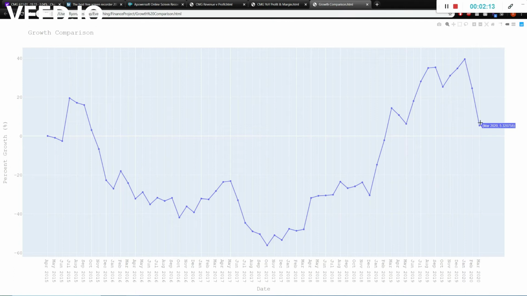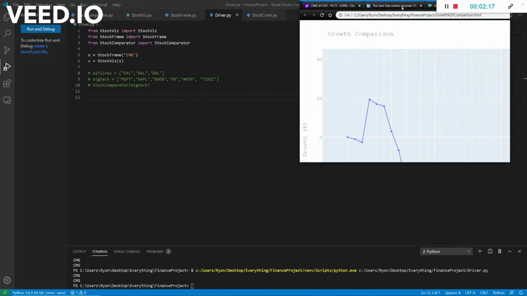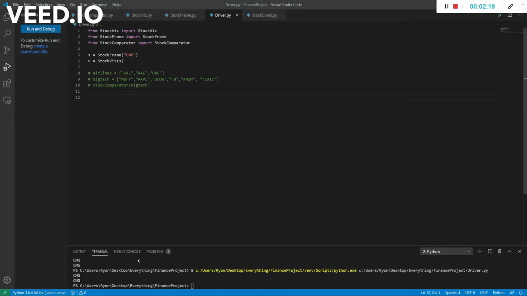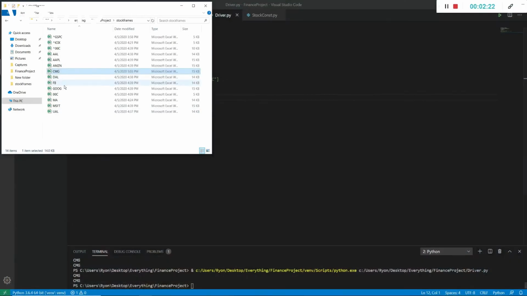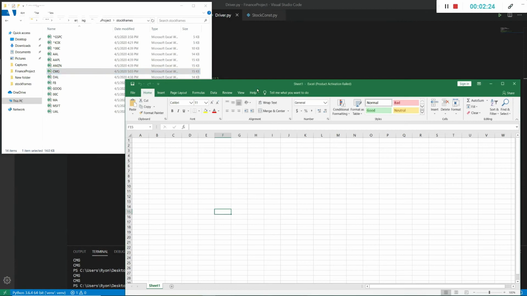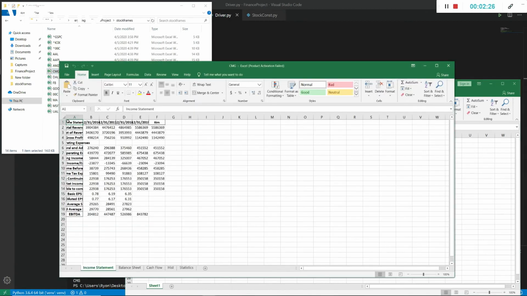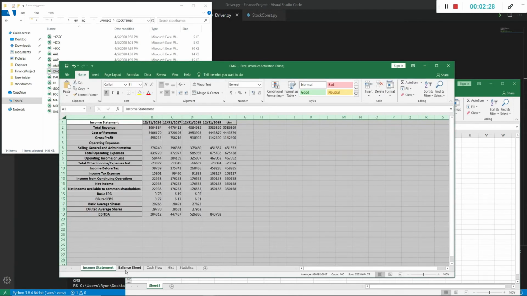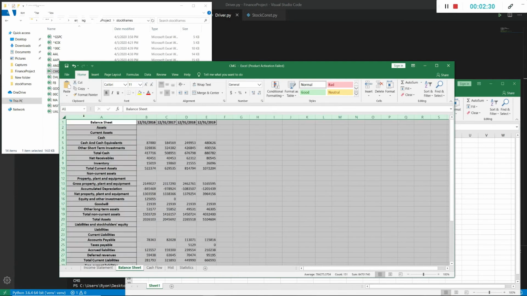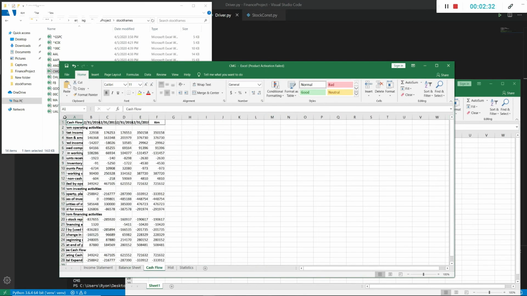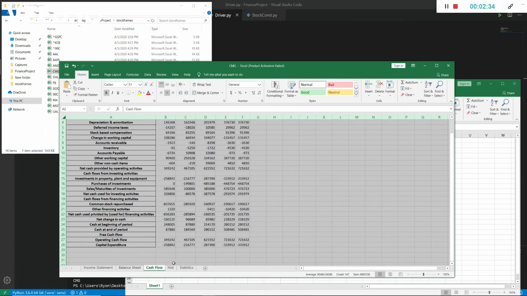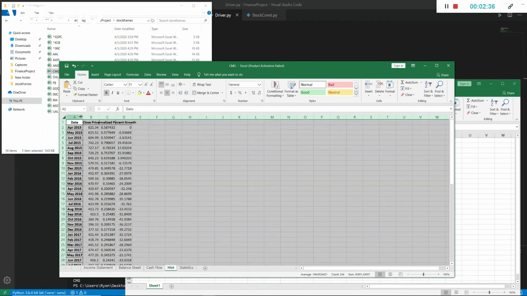I want to take a look at the Excel output. Let me show you that real quick. Okay, so here's the income statement being scraped, and then the balance sheet, the cash flow sheet, and the historical data.